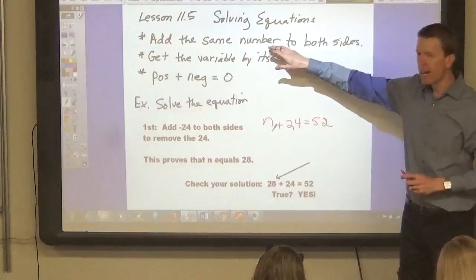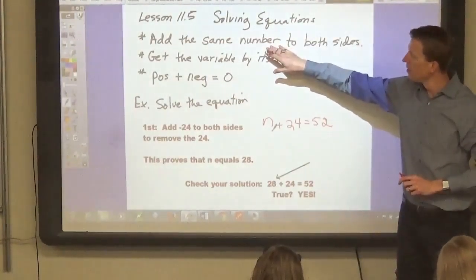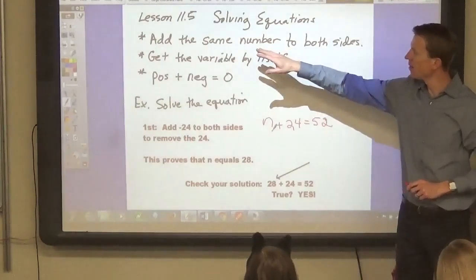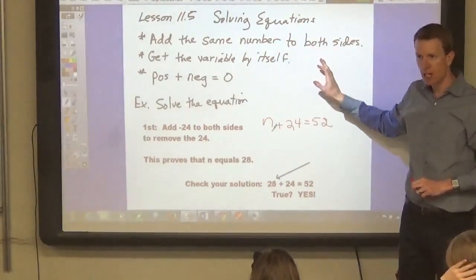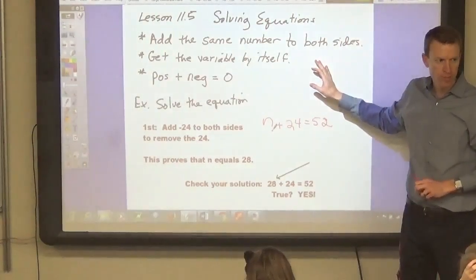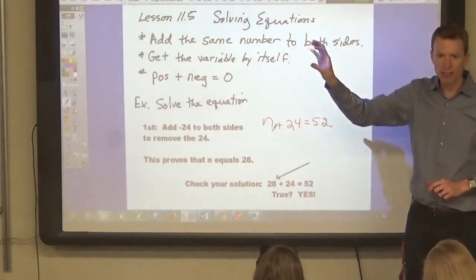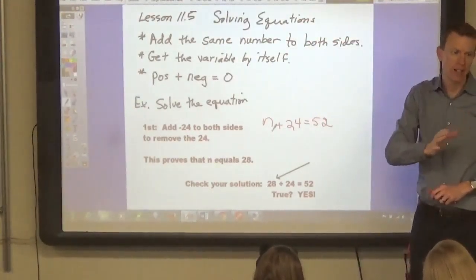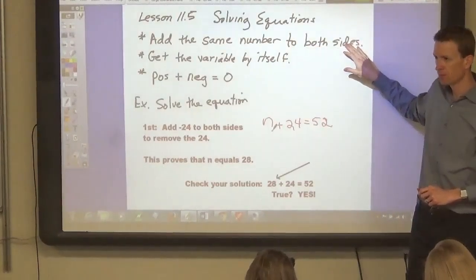You have to understand, and these are part of the rules for solving: if you add something to one side, you have to add the same number to the other side. It's one of the rules of algebra. You can't just add a number to one side and ignore the other side. You have to add the same number to both sides.